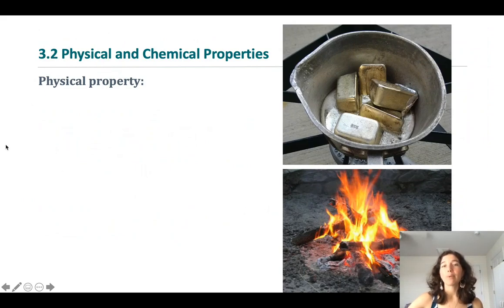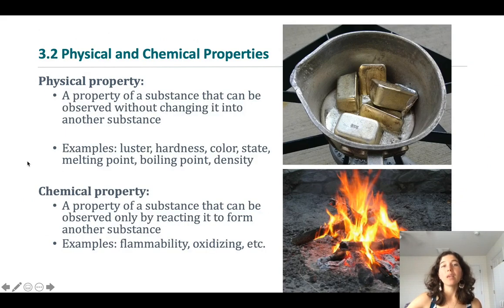Physical and chemical properties. A physical property is a property of a substance that can be observed without changing it into another substance. So it's pretty much what kinds of things you can observe about the material without undergoing a chemical reaction. I keep using gold, so we're melting gold in a pot here. Things like luster, hardness, color, state, melting point, boiling point.